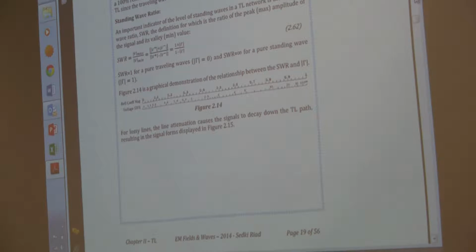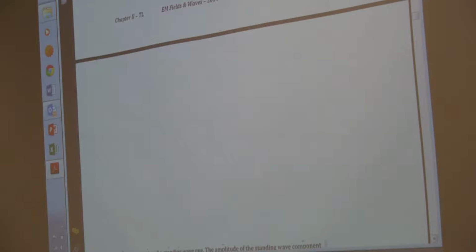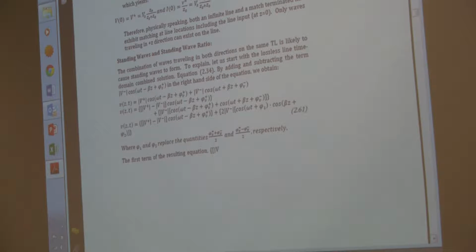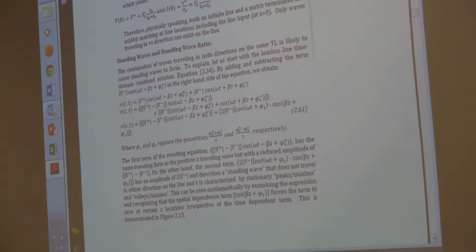So we talked about standing waves, and we talked about the issues that standing waves will cause. Basically, they occur as a result of mismatches on the line.